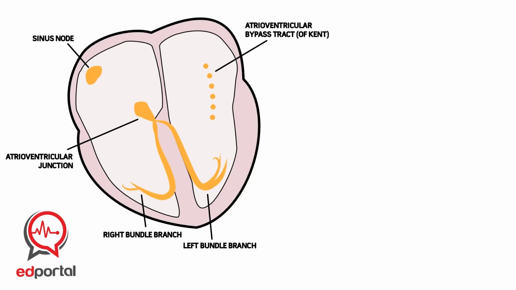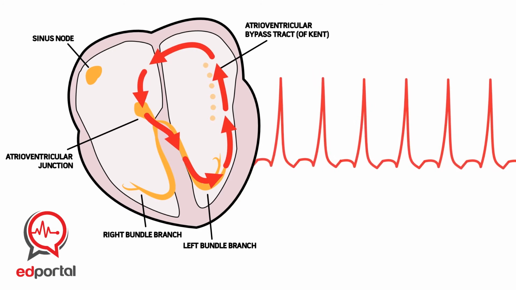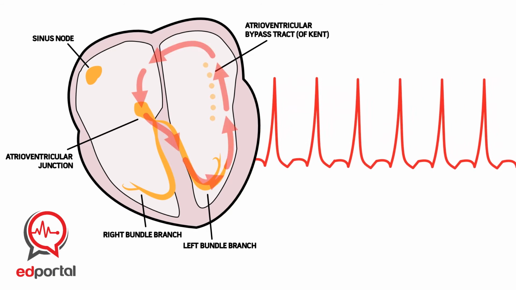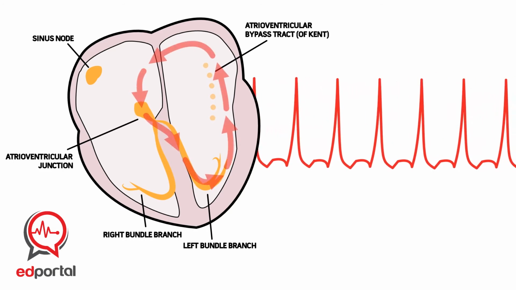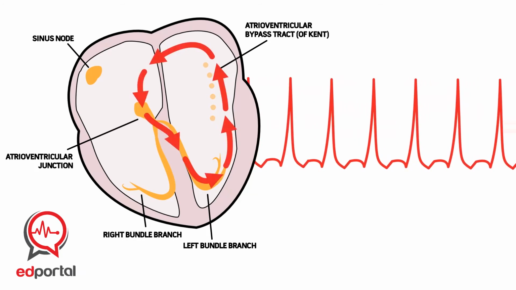Patients with WPW syndrome or an accessory pathway can go into orthodromic or antidromic SVTs. Which means, for example in this diagram, the conduction is going down the AV node, down the His bundle Purkinje system and coming back up through the accessory pathway.